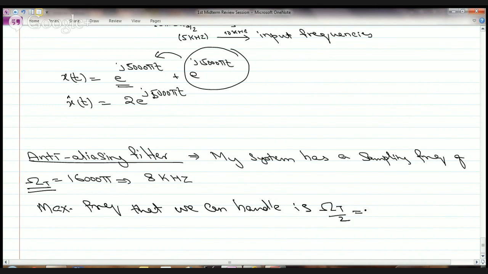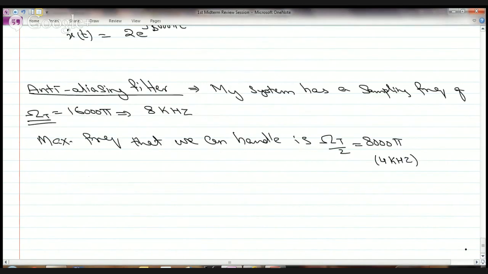So it's omega s by 2, which is 8,000 pi radians per second or 4 kilohertz. So if my system can only handle frequencies up to 4 kilohertz, then I better remove all the frequencies that are above 4 kilohertz. So the bounds of an ideal anti-aliasing filter are always picked to be 1/2 of your sampling frequency. So your anti-aliasing filter ends up being an ideal low-pass filter.